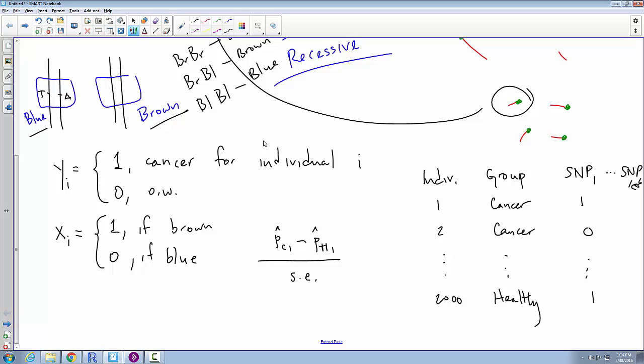Get a p-value, good deal. The other thing that I was just mentioning is logistic regression, which is just like this, but it's an extension or a generalization of doing a t-test.